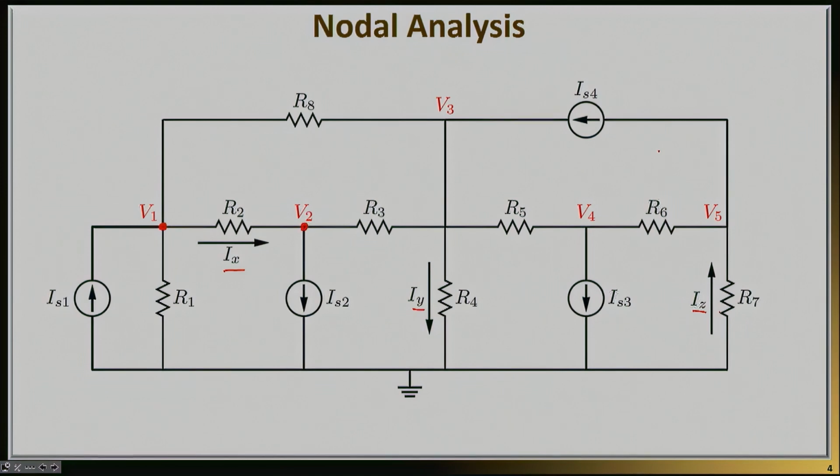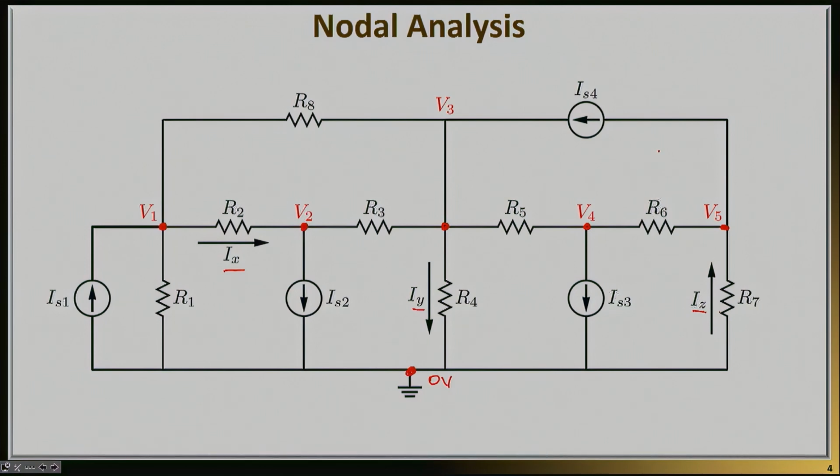So the first thing I have to do is define all the nodes in a circuit and ask the question, do I know the voltage at that node? If I do, for example, I know for the ground, here I write it down, 0 volts. If I don't, I will give it a name and consider it an unknown.